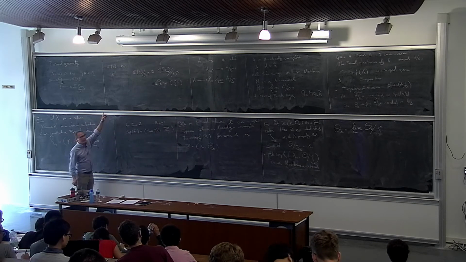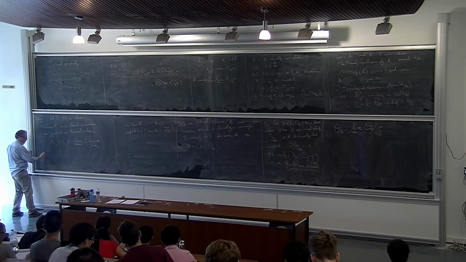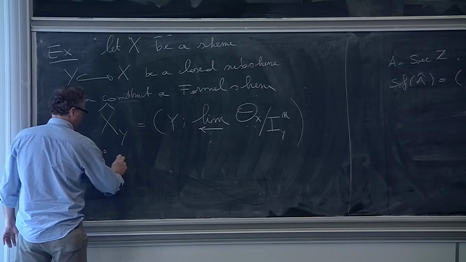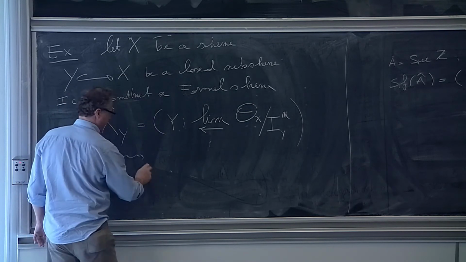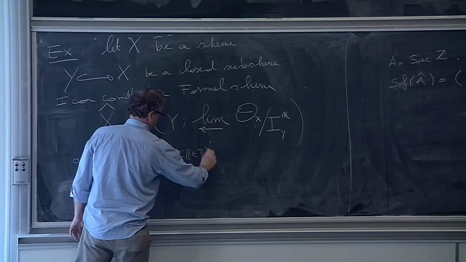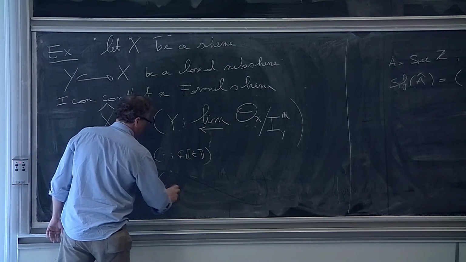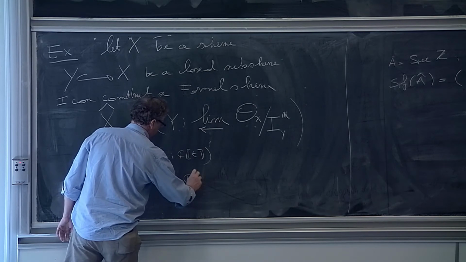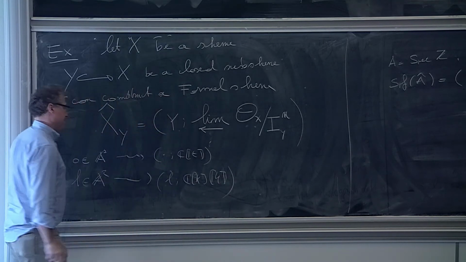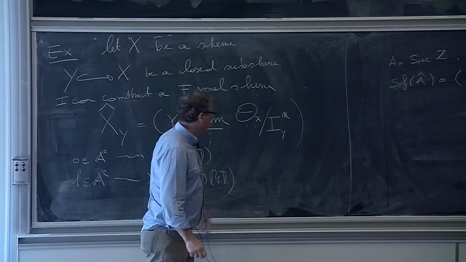If we take 0 inside A1, we will find the example I had before, and if I take a line inside A2, I will find the line example. So this construction is a generalization of what we did before, but for a general scheme.